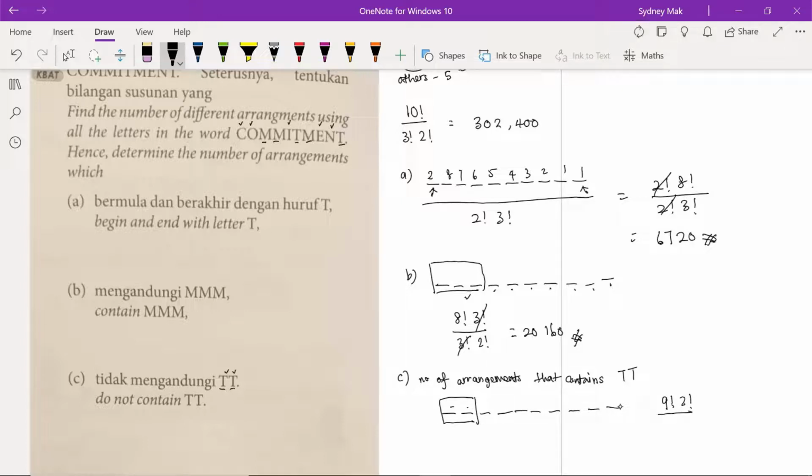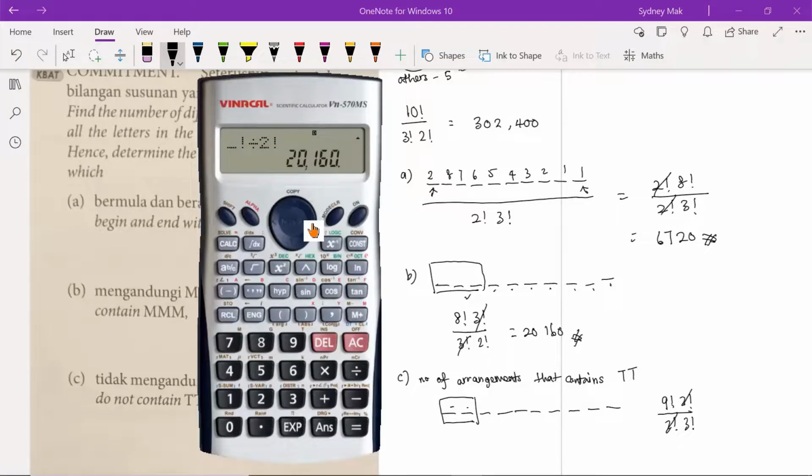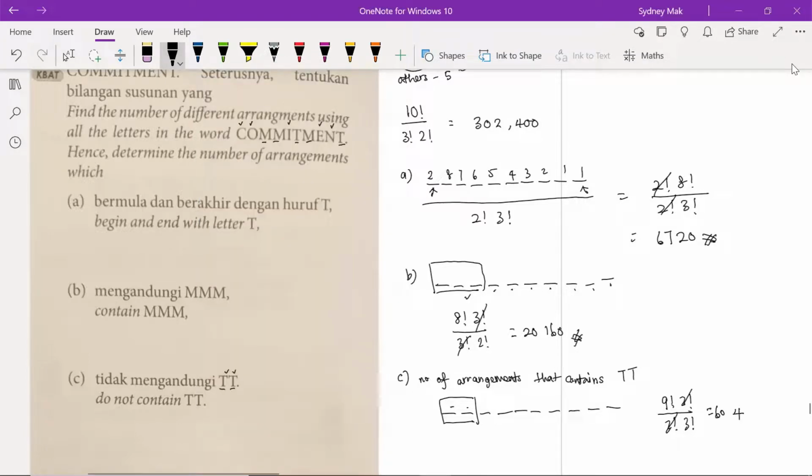However, since the M's and T's are identical, they're not distinctive from each other. Therefore, we have to divide by 2 factorial for the double T, and 3 factorial for the triple M. Therefore, we shall take 9 factorial divided by 3 factorial. We have the number of arrangements 60,480. That is the number of ways that contain TT.